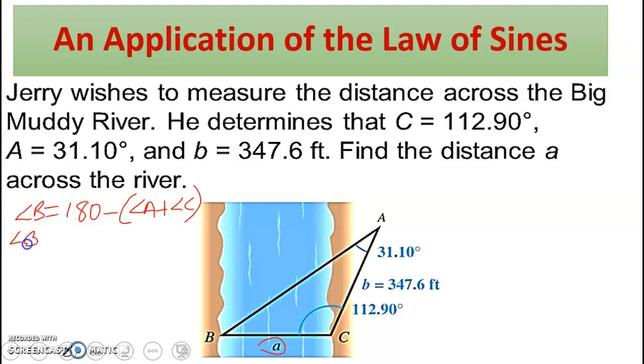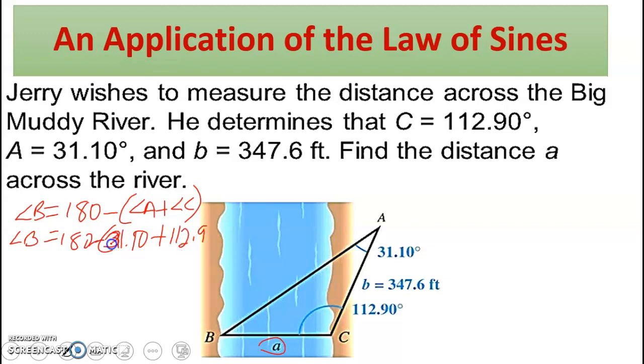So angle B is going to be 180 minus, if we add those two angles, angle A is 31.10 plus angle C is 112.9.